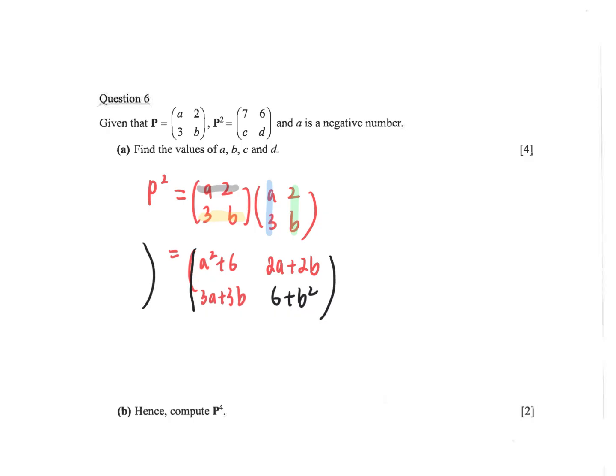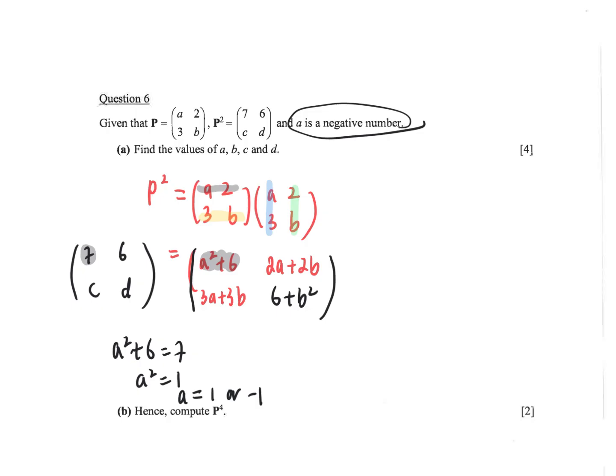So we do a 1-to-1 comparison. So the first one, you compare with this. So a squared plus 6 is 7, means a squared is 1, means a is square root 1, which is 1 or minus 1. But question says a is a negative number, so you got to reject this answer.